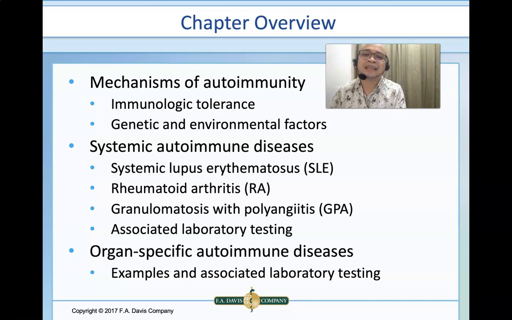So this includes your systemic lupus erythematosus or the SLE, rheumatoid arthritis, Granulomatosis with Polyangiitis, and other associated laboratory testing pertinent to these autoimmune diseases. And then, of course, the other type of autoimmune diseases are organ-specific autoimmune diseases. So we will be discussing several examples and associated laboratory testing.